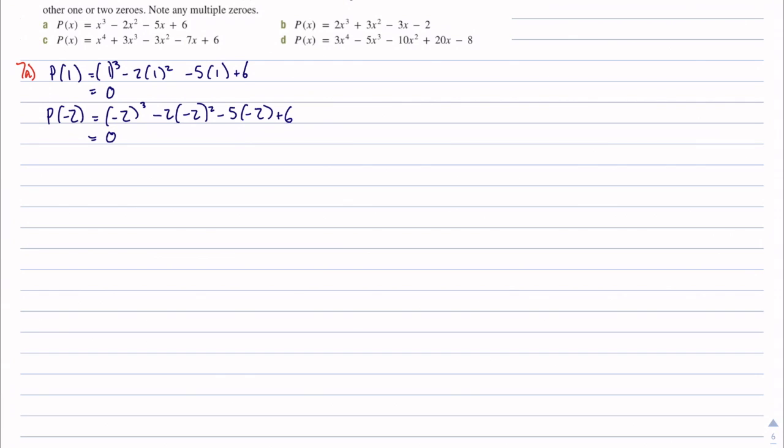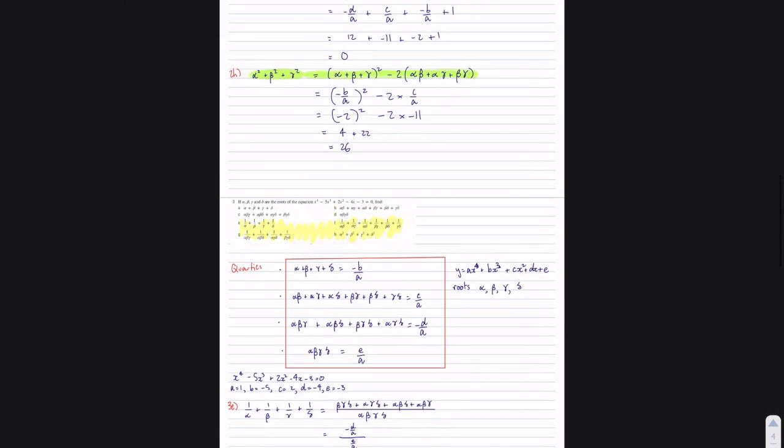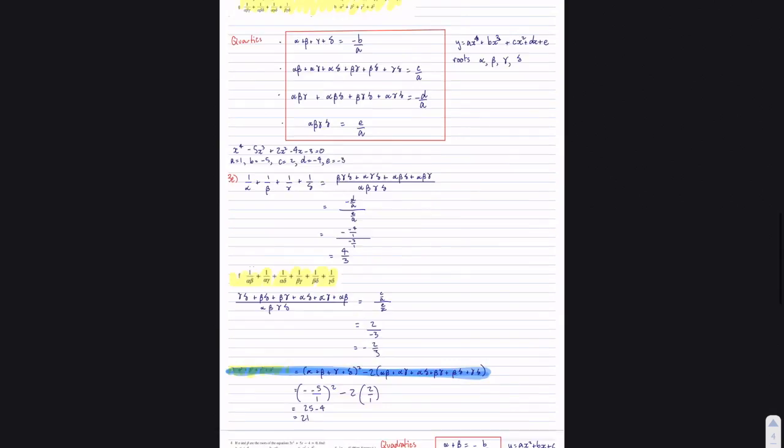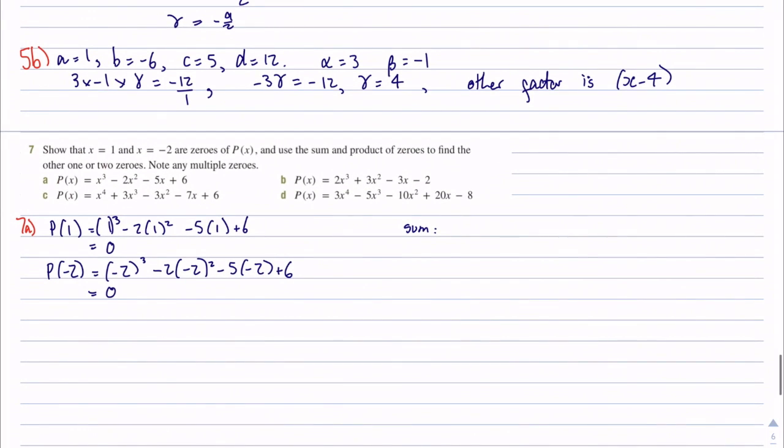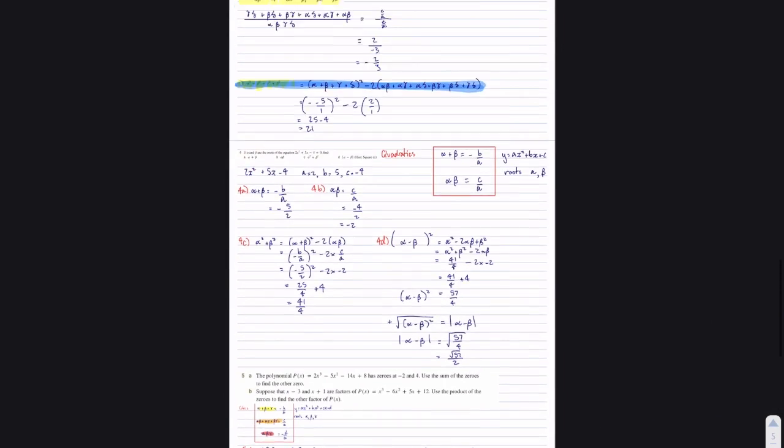Okay, use the sum and product of zeros. So remember, the sum is always, for all of them, I think, minus b on a. And the product for cubics, is it minus d or positive d on a?